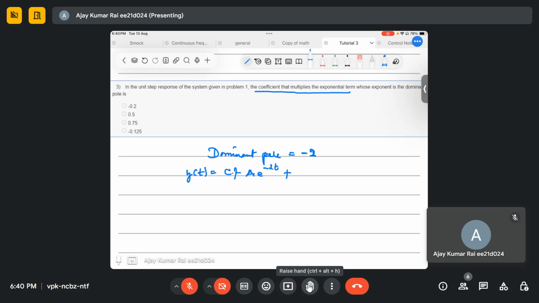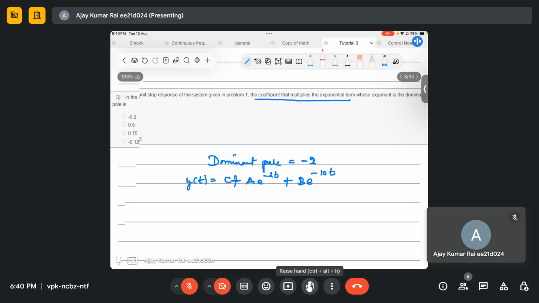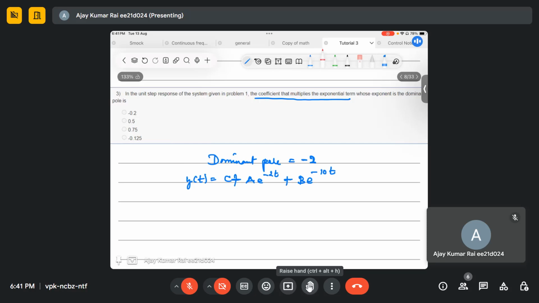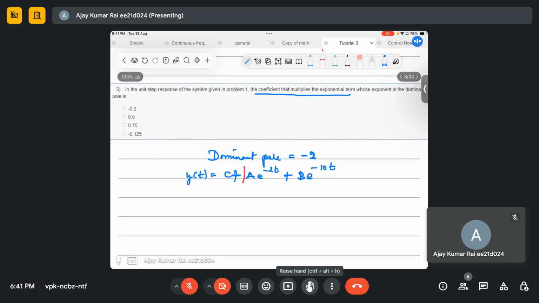So this will be the response, and we have to find a, because s equal to -2 is the dominant pole. For this we have to find y of t.